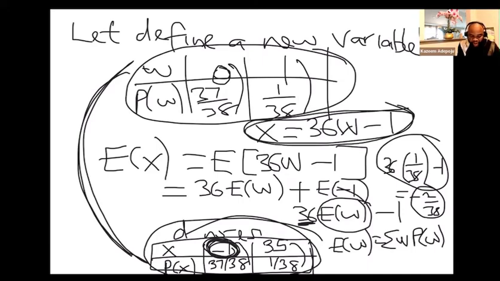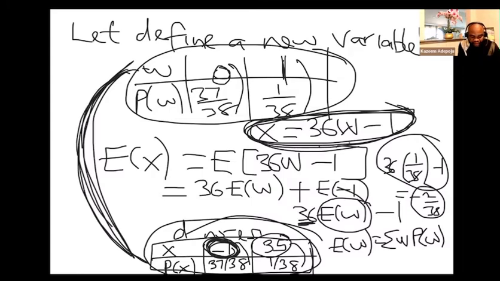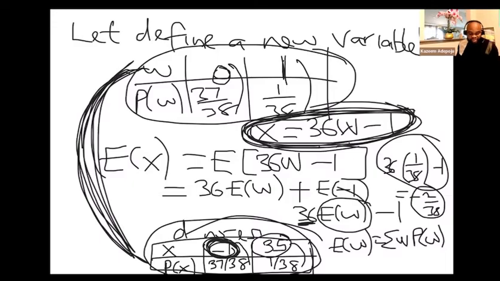If you plug in 1 here, it's 36 minus 1, which is 35. So the relationship is defined by this. I look at the two PMFs and I bring out this relationship. That is how I got that.